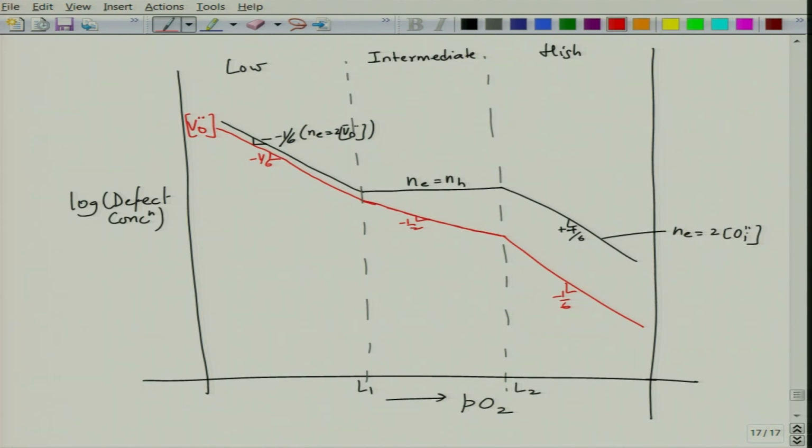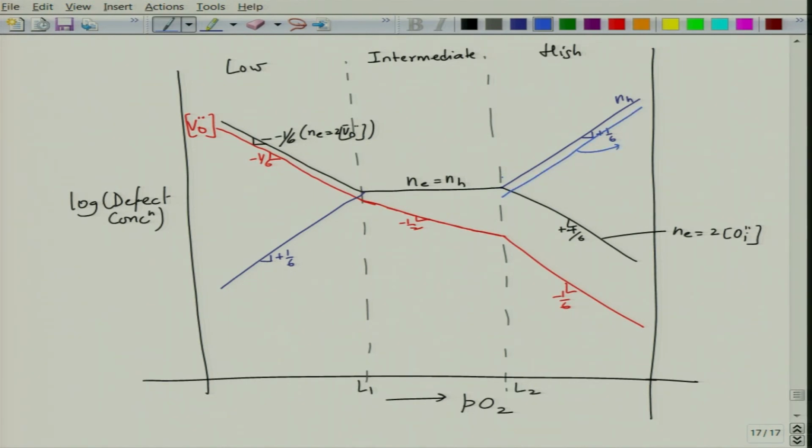All right. How about the hole now? The hole concentration in this regime goes as plus 1 over 6. This is for NH. Similarly, hole concentration in this regime also goes as plus 1 over 6. What about the oxygen interstitial concentration? Oxygen interstitial in this regime will go half of what we have here.